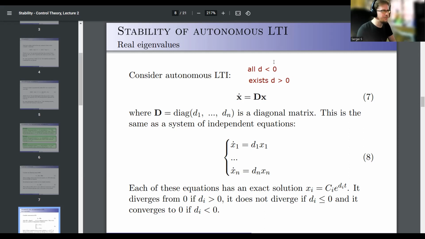And it is marginally stable if all D's are less than or equal to 0, and there exists D that equals 0. So we have here divergence, convergence, and marginal stability.